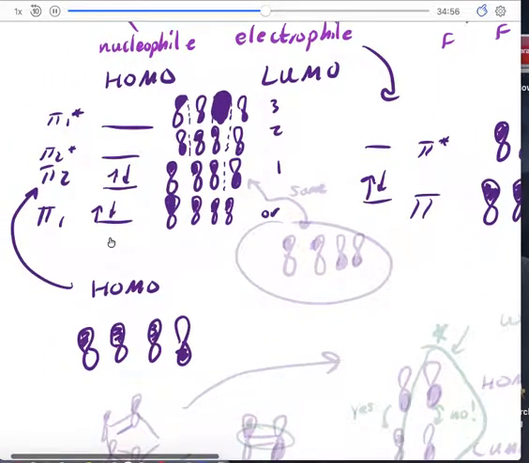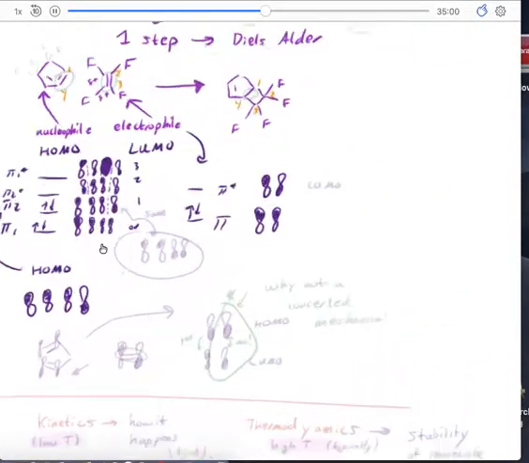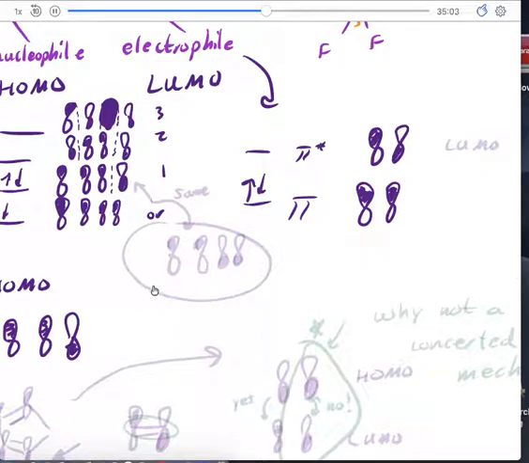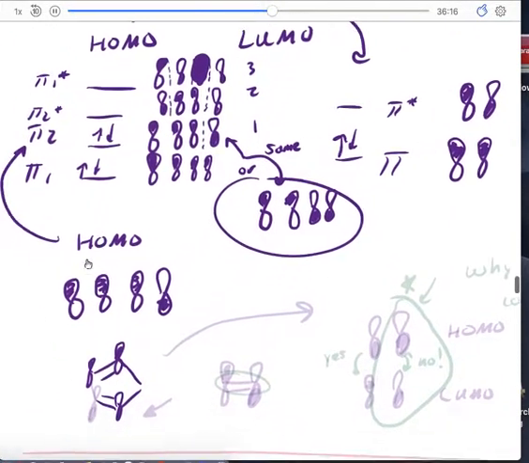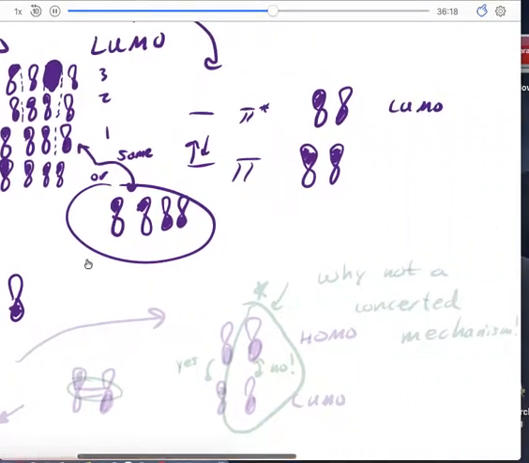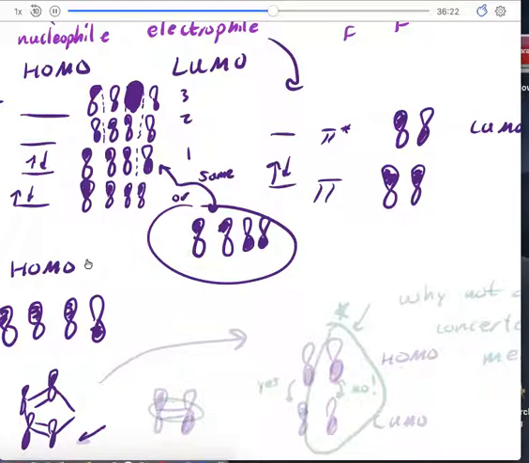Meaning like this? Like that? No, I don't think that's it. Up, up, down, down. So we're looking at these two, right?